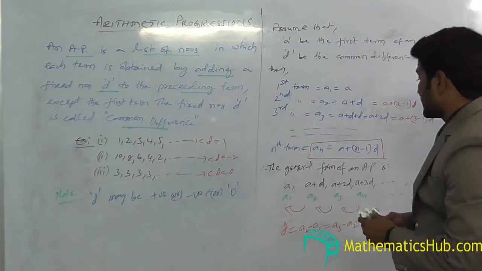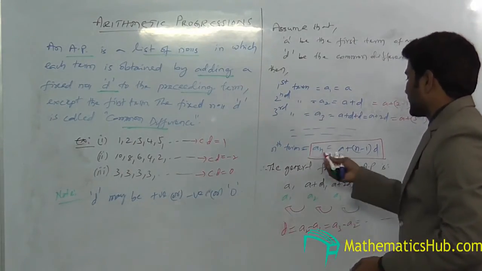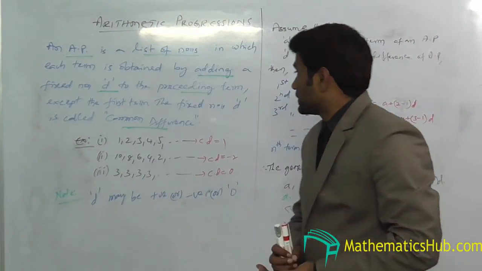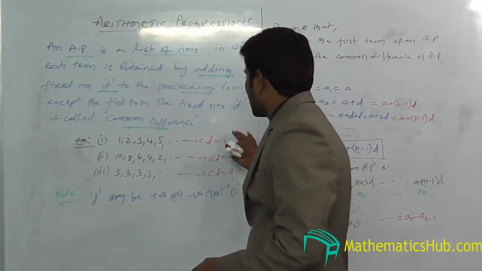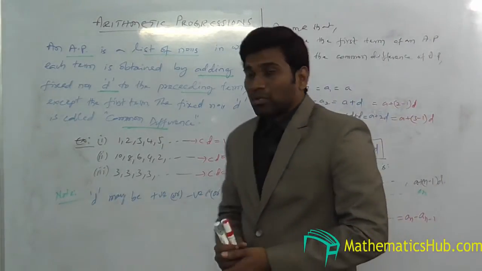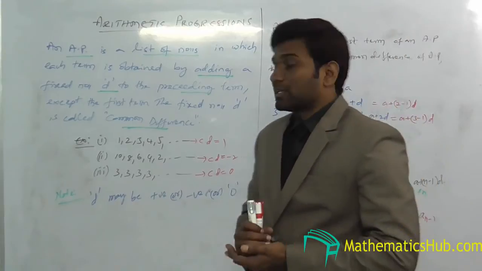So this is the general form of an AP, and the nth term of an AP is A plus n minus 1 into D. If you observe this nth term and general form, to form any AP, what are the basic requirements?